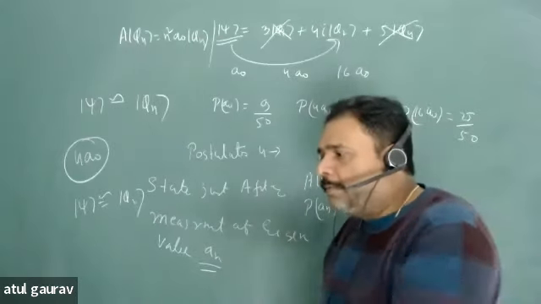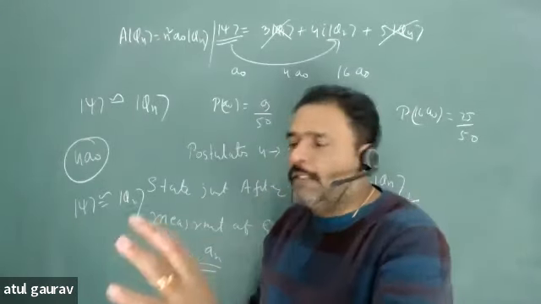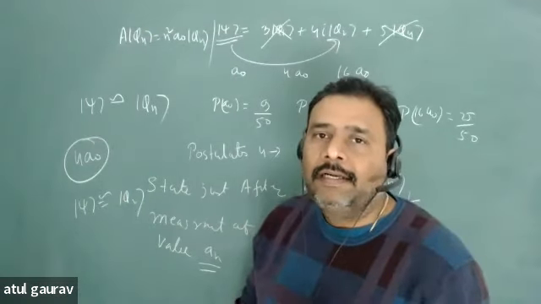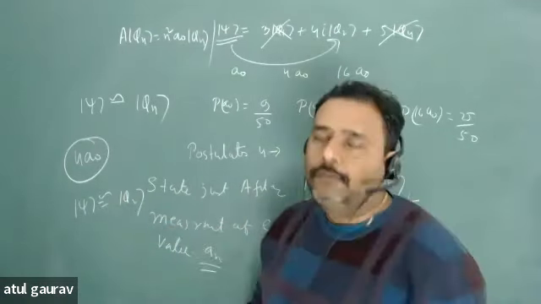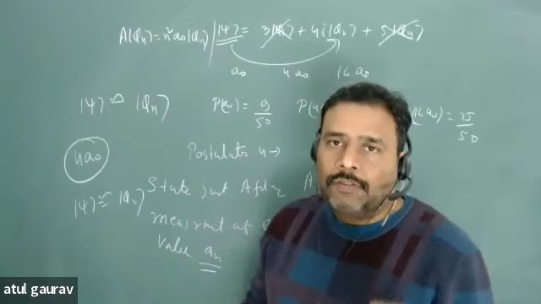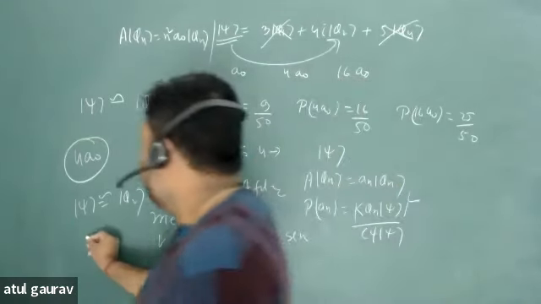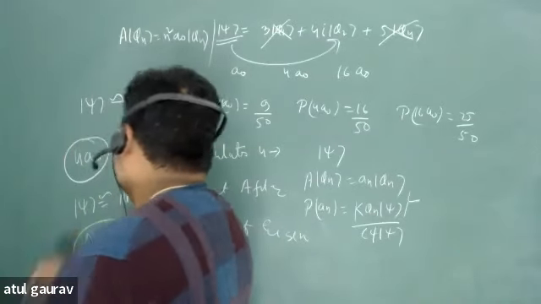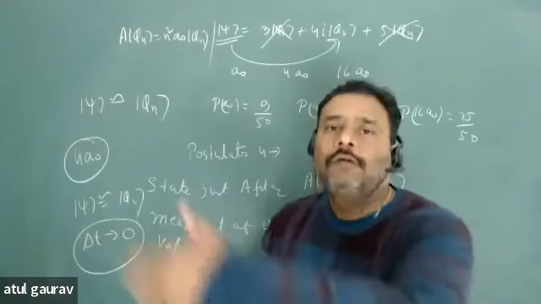If someone measures with another operator at that point, he will not measure psi, rather he will measure phi 2. So here delta t tends to 0. Time is not going to evolve.